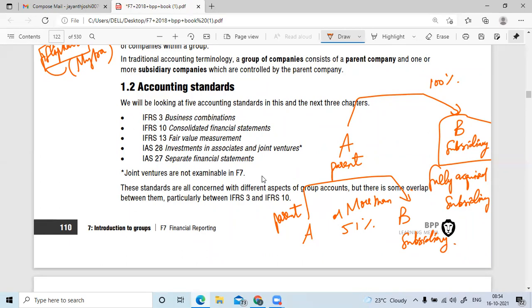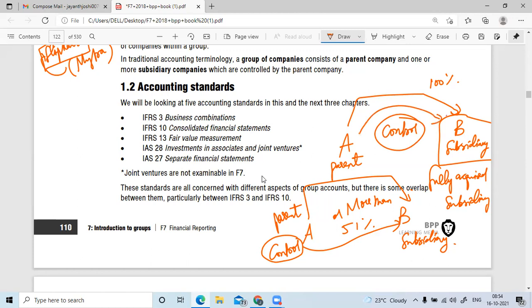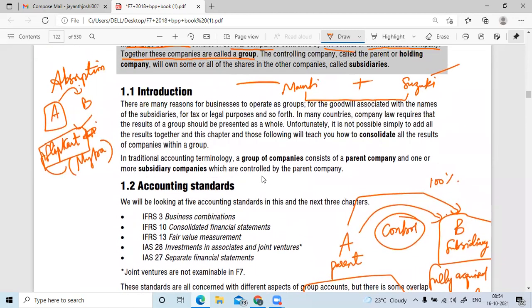And in this case, A has control over B. This is a very important terminology, boss. A has got control over B.